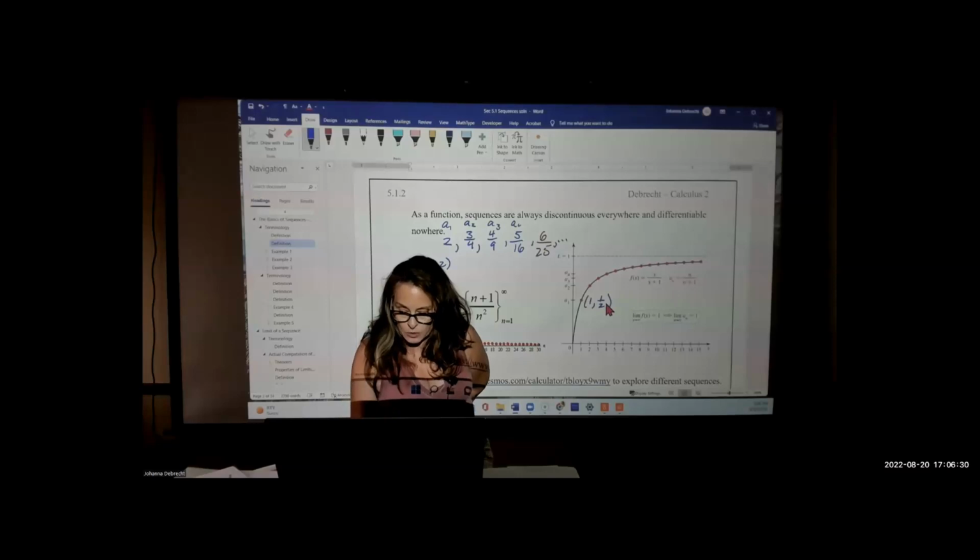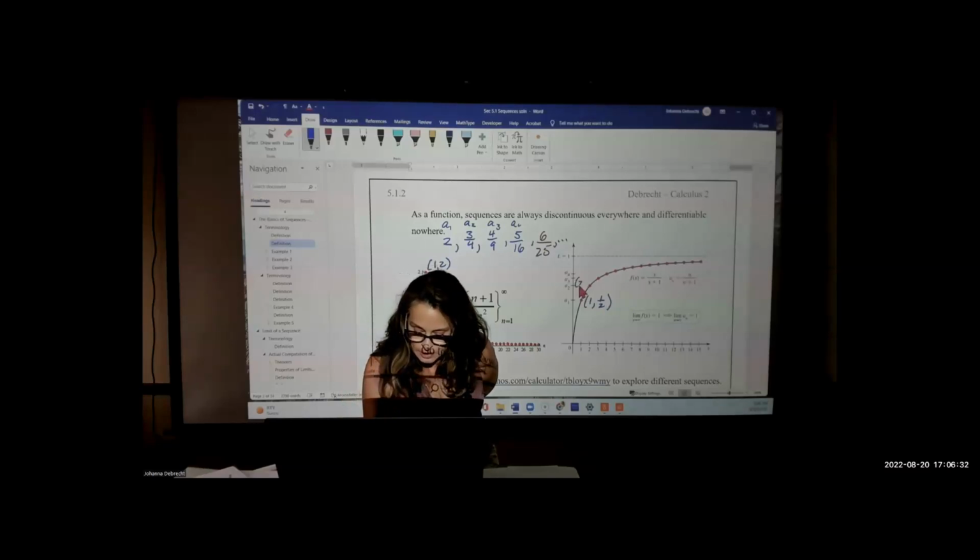Now, when n equals 2, we have 2 over 3, which is 2/3. When n equals 3, we have 3 over 4. And when n equals 4, we have 4 over 5. Let's write down this list of numbers.